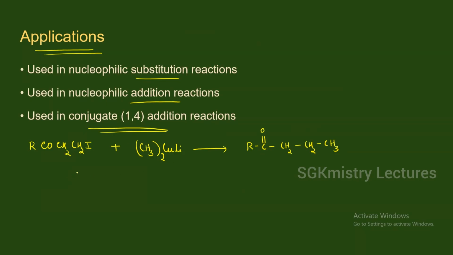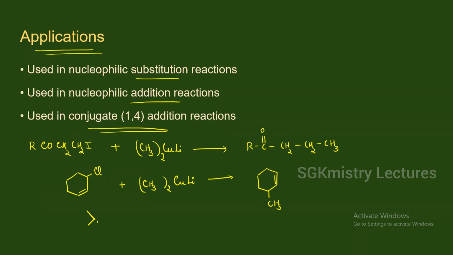Right. Next, let us take another example. So we have here Cl. So (CH3)2CuLi is the reagent that we use. Whatever the Cl is there, that is replaced by the CH3 from the reagent.